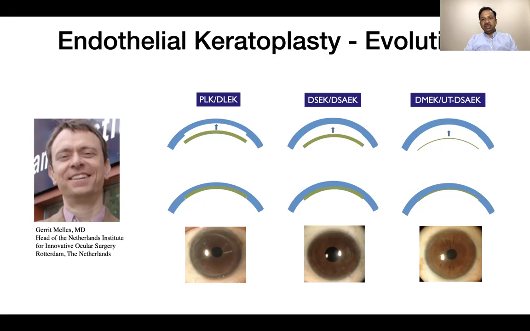Further refinement in surgical techniques led to the evolution of Descemet membrane endothelial keratoplasty, which is just the isolated transfer of the donor Descemet membrane with the healthy endothelium, which gives a perfect anatomic reconstruction in the host eye. The second procedure was the ultra-thin DSEK, which comes very close to DMEK.